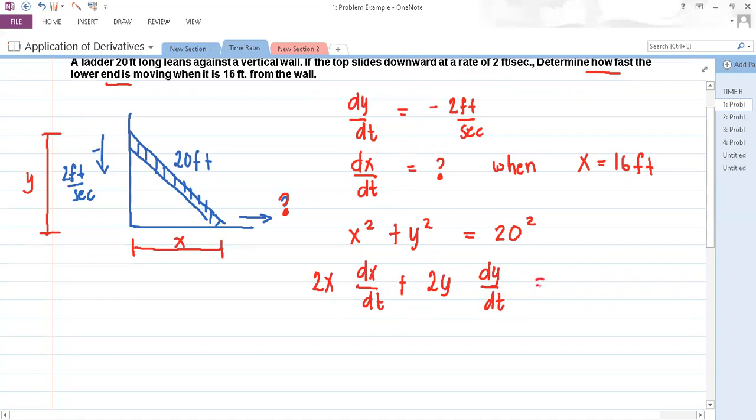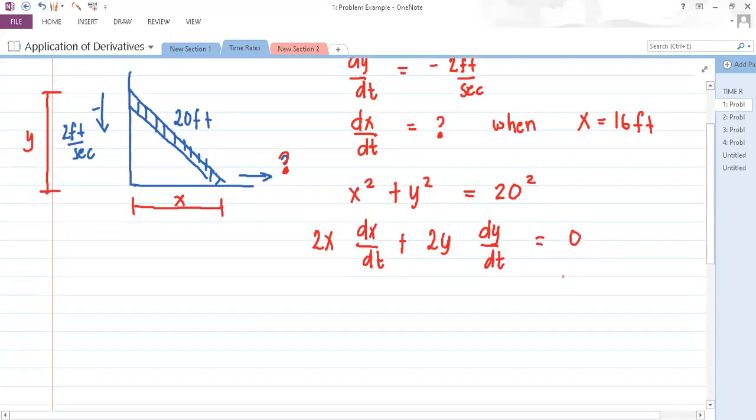Derivative of a constant is equal to 0. Simplifying now our equation, our equation now is 2x dx over dt. Ito yung hinahanap natin. That is equal to negative 2y dy with respect to t.